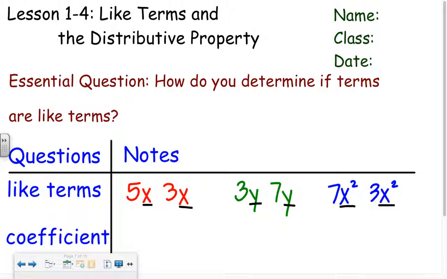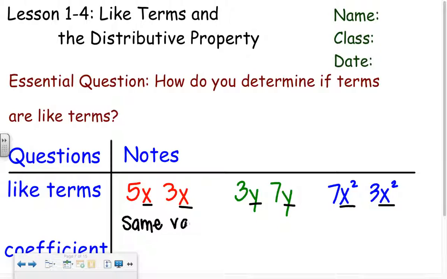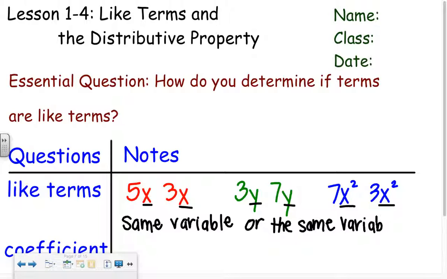Now, if one of those was to the third power, so let's say it was 7x cubed and 3x squared, those would not be like terms. So in order for terms to be alike, they have to have the same variable and exponent.